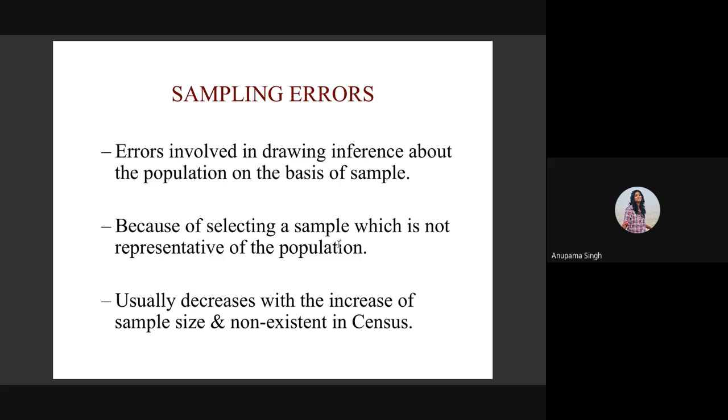If the sample size is continuously increasing, you will get heterogeneous data in your one sample, and the average will come out to be the exact value or a representative value of the population. So it is always good if we go for a bigger sample size, but at the same time we have the restriction of time and cost that restricts us from taking a bigger sample. So we try to find a sample that is more representative and smaller in size, so that we can do our research cost effectively and time effectively.